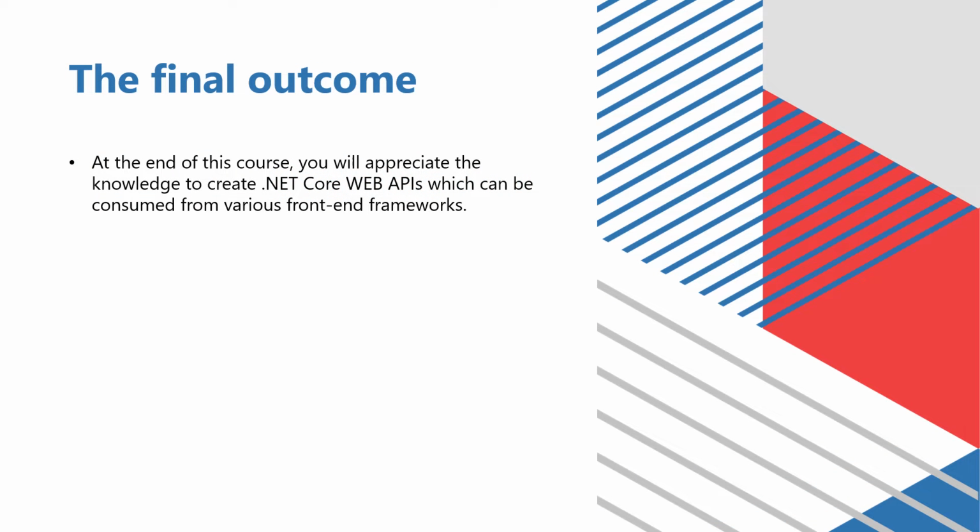The final outcome is that at the end of this course, you will have the knowledge to create .NET Core Web APIs, which can be consumed from various front-end frameworks such as React, Angular, Blazor, maybe Bootstrap and pure HTML, then JavaScript, of course, jQuery, Windows Forms, WPF, and many other technologies.